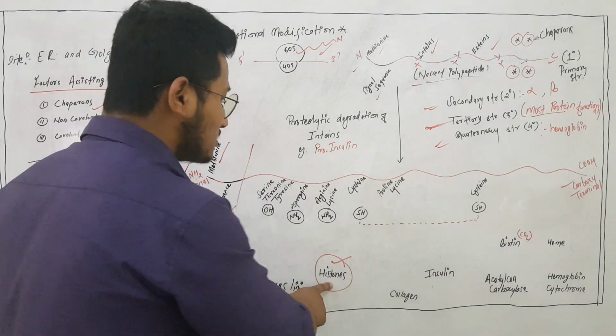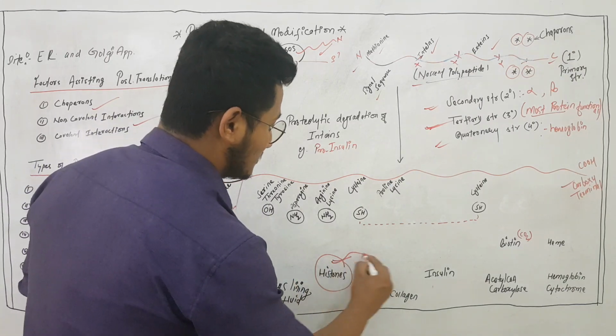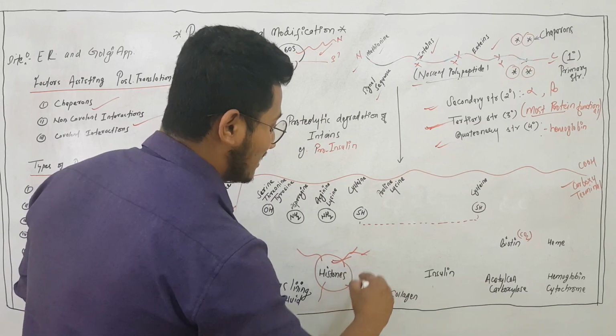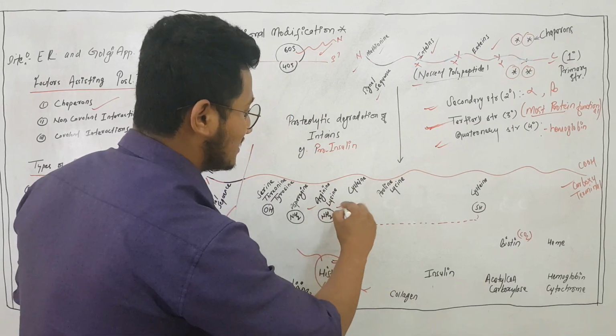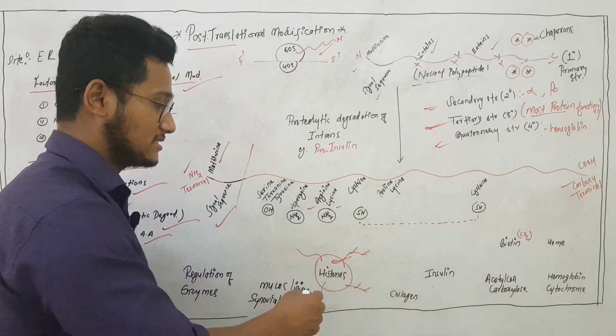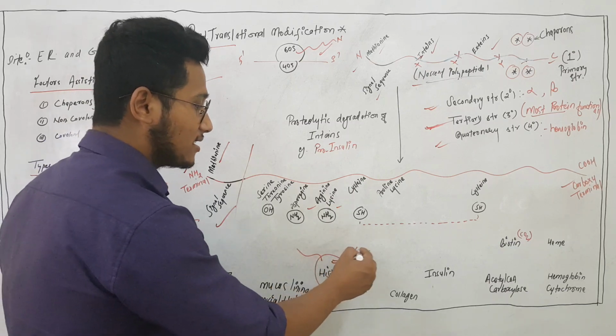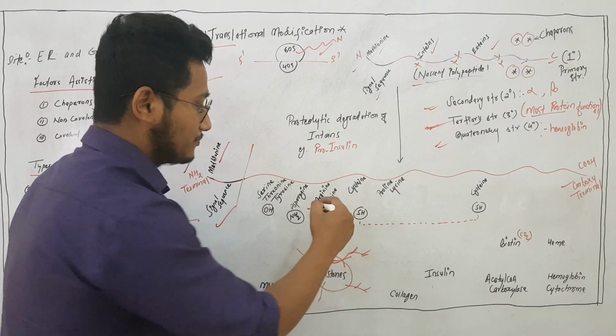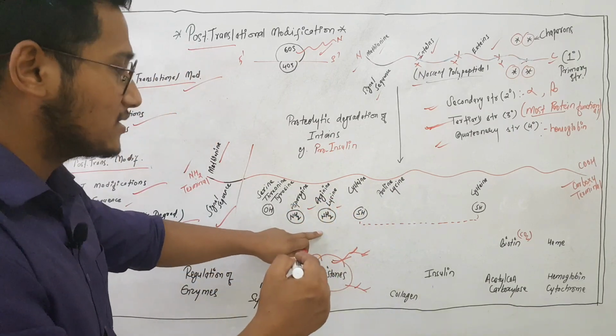And these histones, you see, have tails, and these tails are mostly enriched with arginine and lysine. These are the basic amino acids. So the tails of these histones are enriched with these basic amino acid residues.